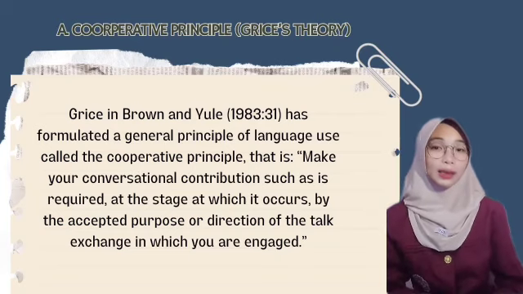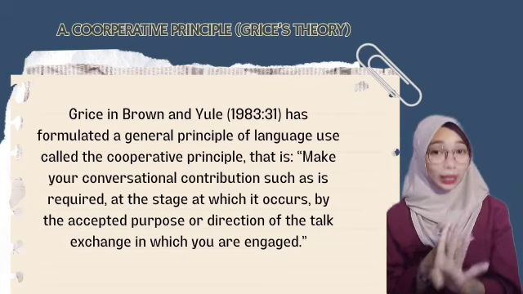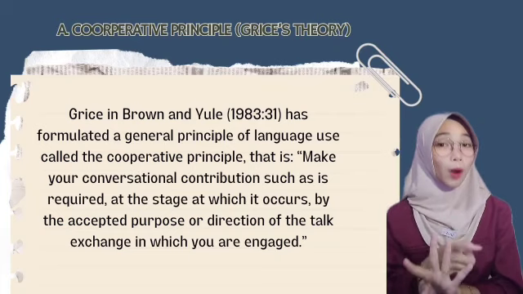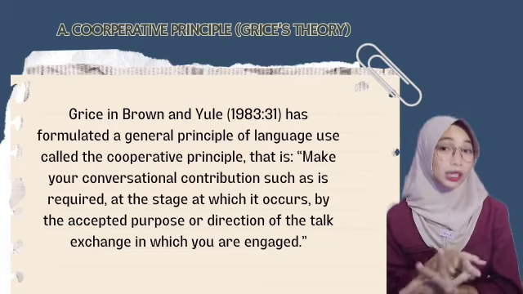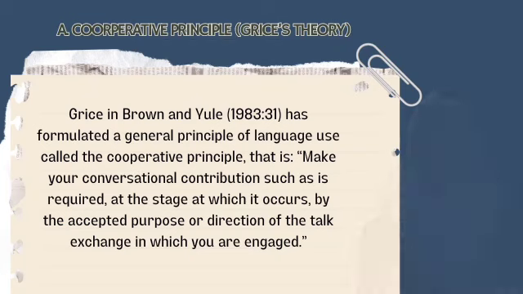And the maxims are four. The first is the maxim of quantity. The second is the maxim of quality. The third is the maxim of relation, and the last but not least is the maxim of manner. So, I will explain the four.